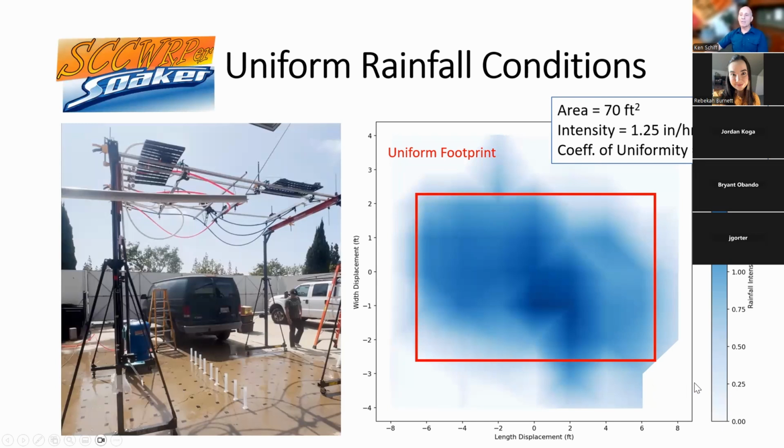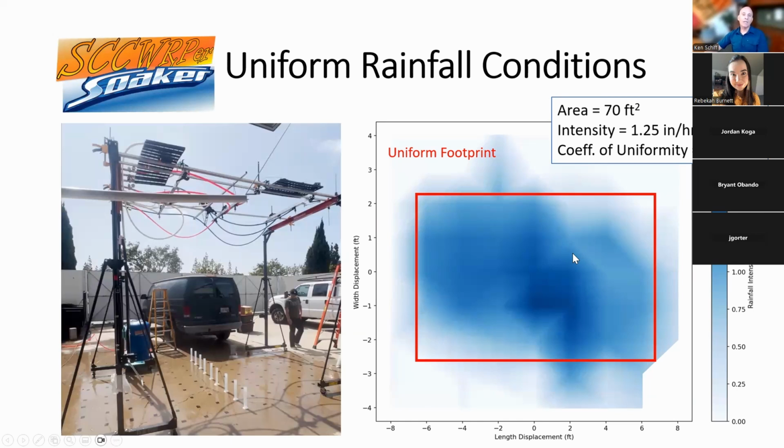And the heat map is a function of rainfall intensity. And so the first thing you can see is here's our 70 square feet. The intensity we were targeting was about 1.25 inches of rainfall per hour. So for us, that's about a 25-year 1-hour storm. So a little on the high end, but that's for us around here.